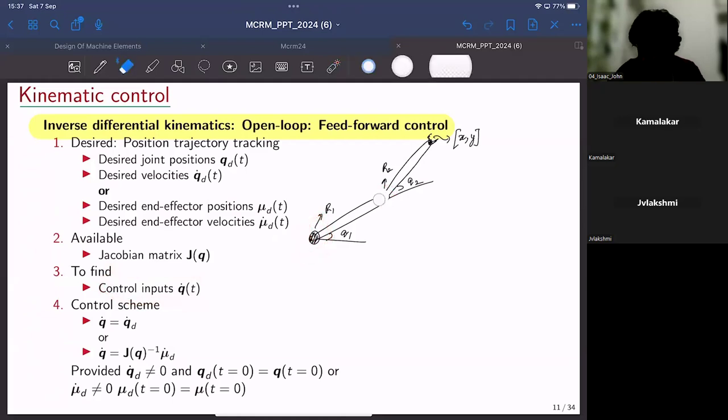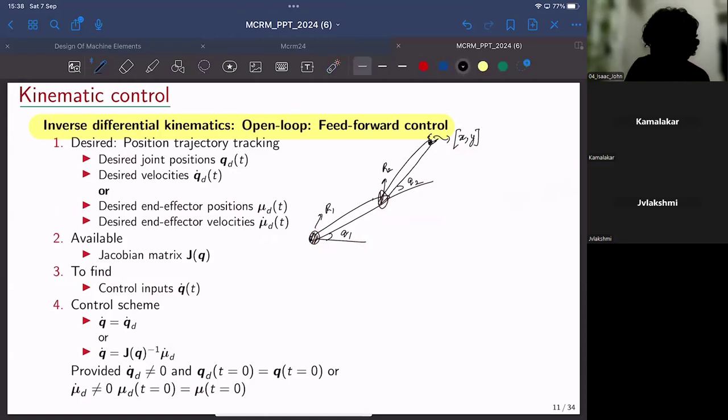Those would be your inputs. And your objective is, if you want the robot to move through a desired trajectory, maybe X desired of t, Y desired of t, this is your desired trajectory. What should be the velocities that you should be giving to these motors? Q1 dot of t and Q2 dot of t. That is your ultimate problem.